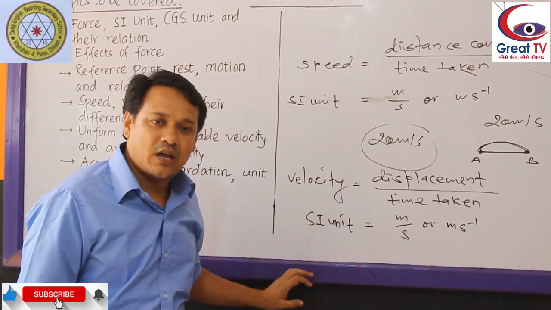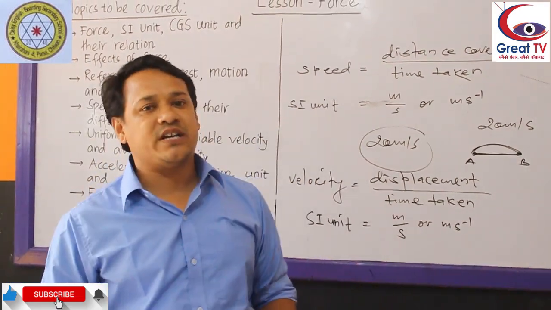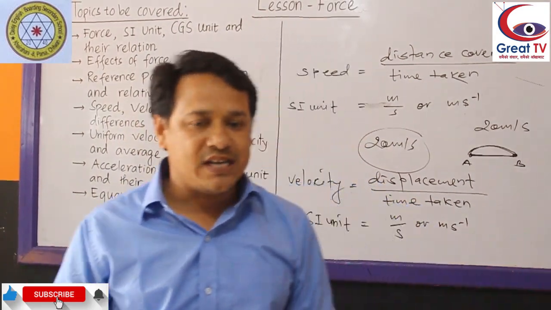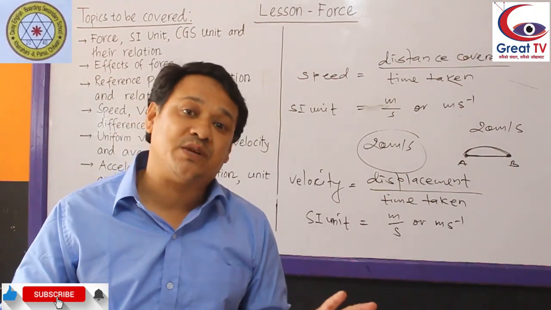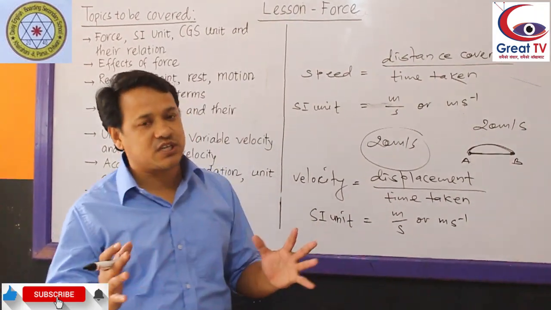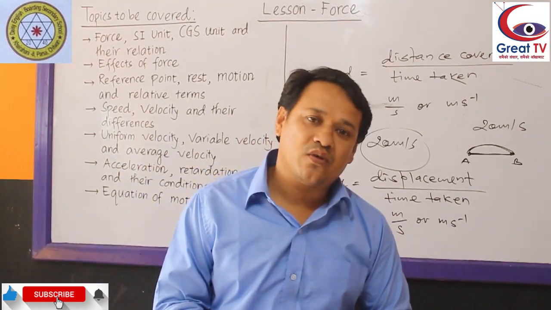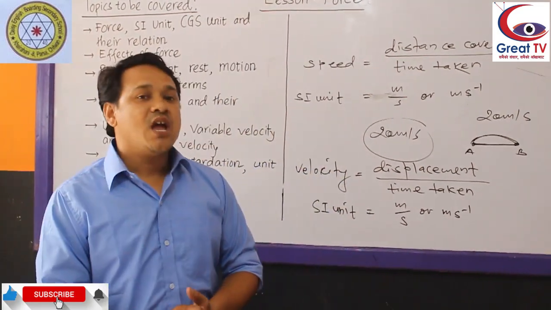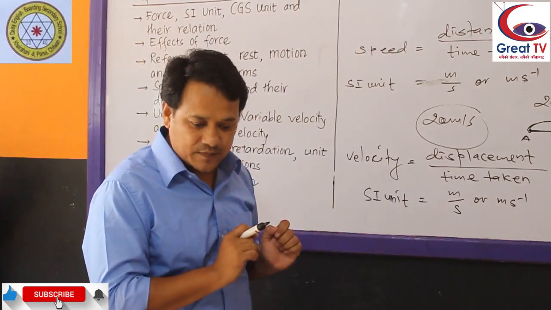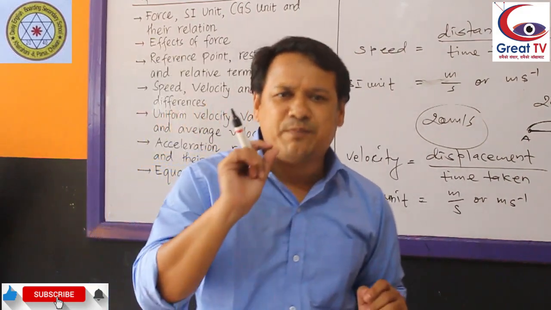Scalar, vector. Remember one thing, a scalar quantity is always positive, never negative. But a vector quantity can be positive, negative and zero. It means, can the speed of a body be negative?